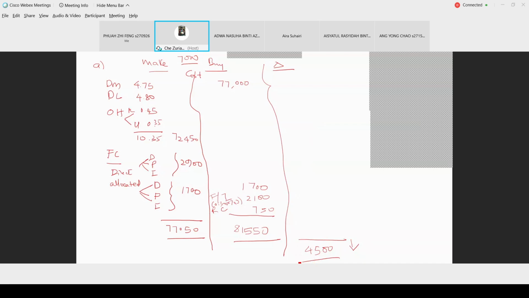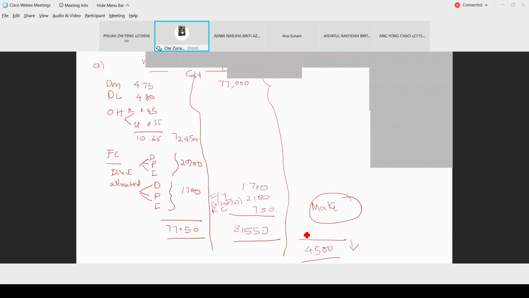So, the second question tu, based on your analysis, what decision should management make? Means that it's better to make. Kan? Sebab kalau you buy, nanti you buat if buy. Okay. Bila you buat if buy ni yang terlibat 77 semua kos kan.